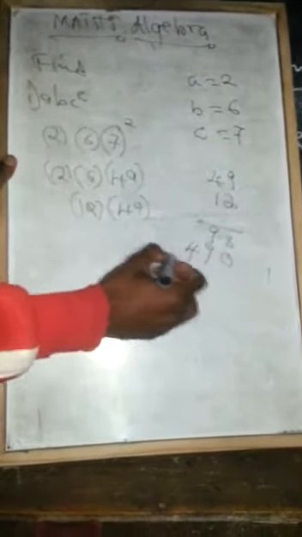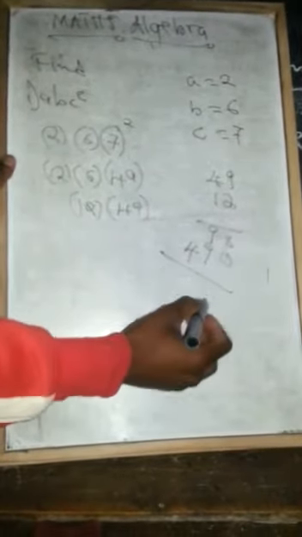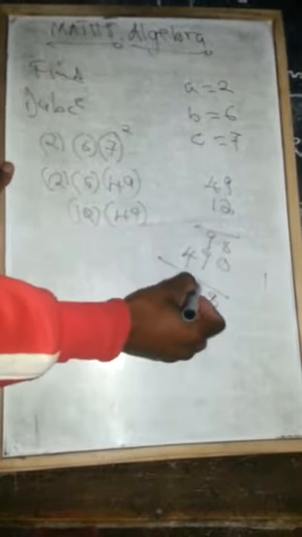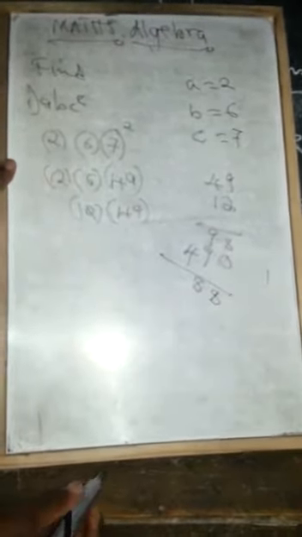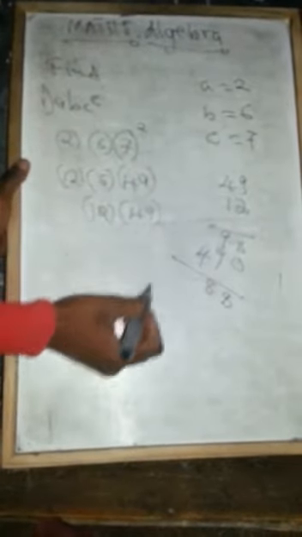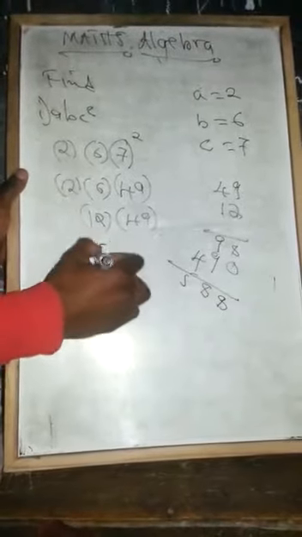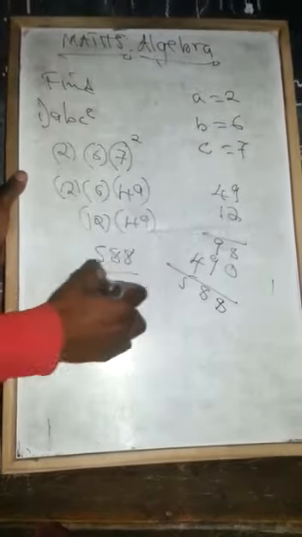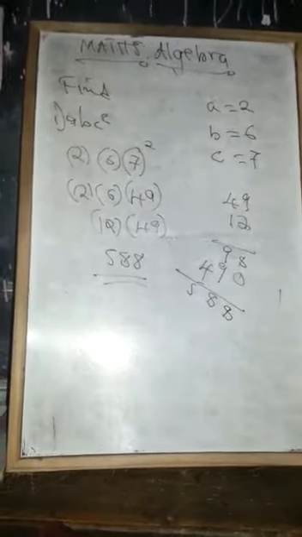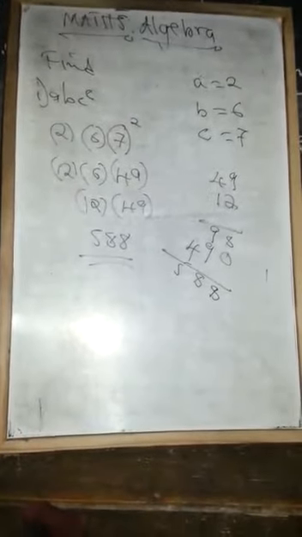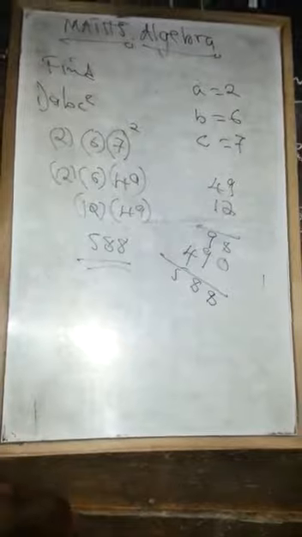What is 1 times 4? 4. Now add. 8 plus 0? 8. What is 9 plus 9? 18, carry 1. What is 4 plus 9 plus 1? 5. So you have 588. You call this answer the product.